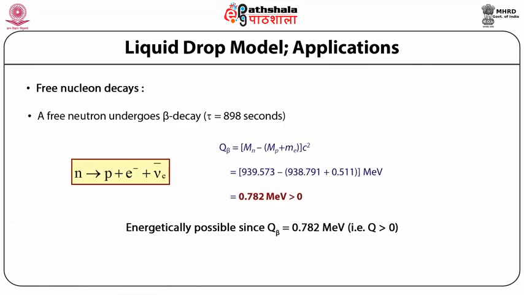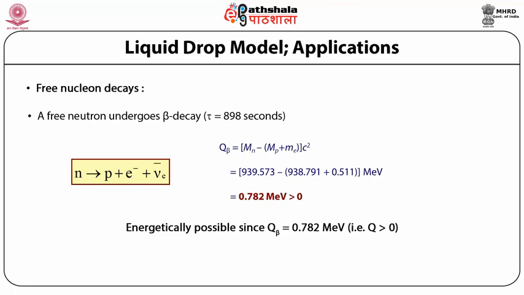Liquid drop model applications. Now in this slide we are going to discuss the application of the liquid drop model to more areas. So far we have discussed the applications in terms of deciding the stability of the nucleus, which are stable nuclei and what conditions are required for any nucleus to be stable. So all that we have discussed.